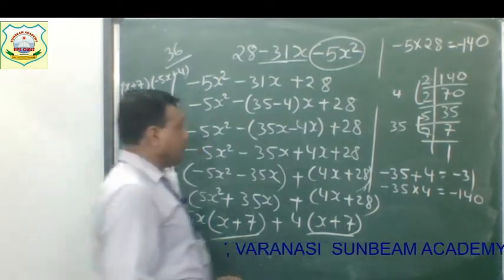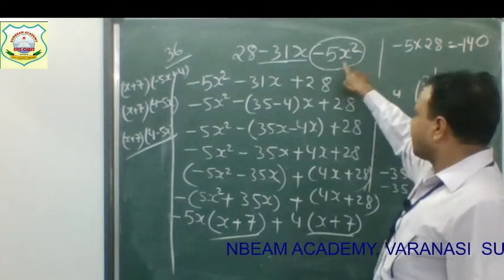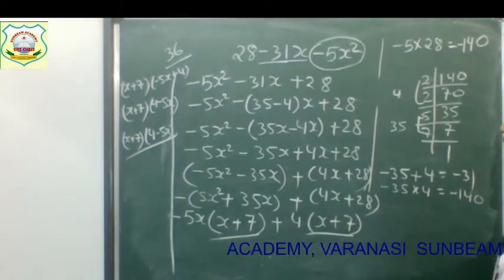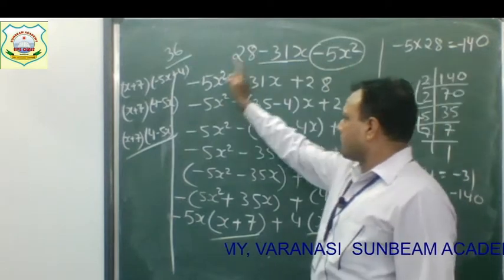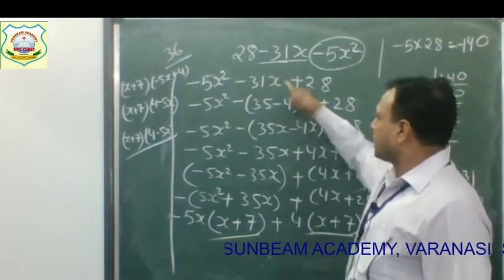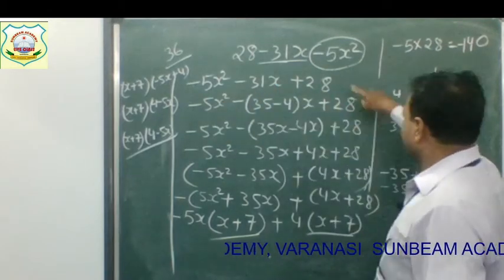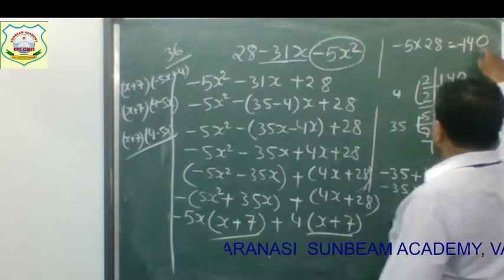Students, again I am telling you, 28 minus 31x minus 5x square is given. Clear? What we have done: minus 5x square should come as the first term, then minus 31x, then plus 28. Now minus 5x square minus 31x, 28 into minus 5 is minus 140.